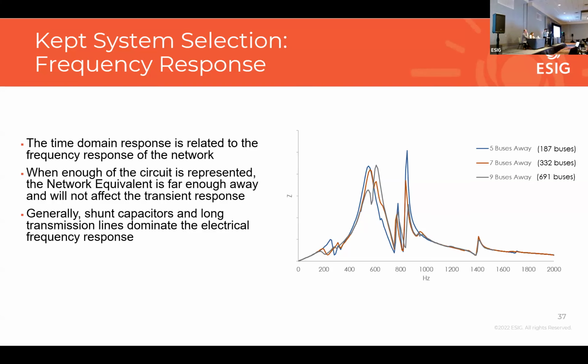For example, here, even 7 to 9 buses away, there was quite a big difference. But at the same time, 9 buses is already like 700 buses. So that's a pretty big case. This is going to have implications in terms of how long it's going to take that model to run, which is going to impact how long your study is going to take in the longer term.